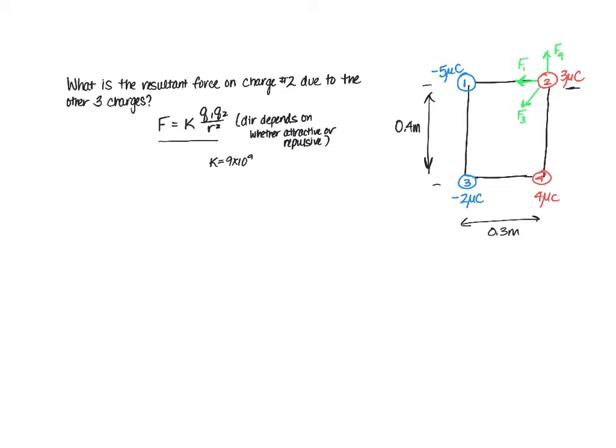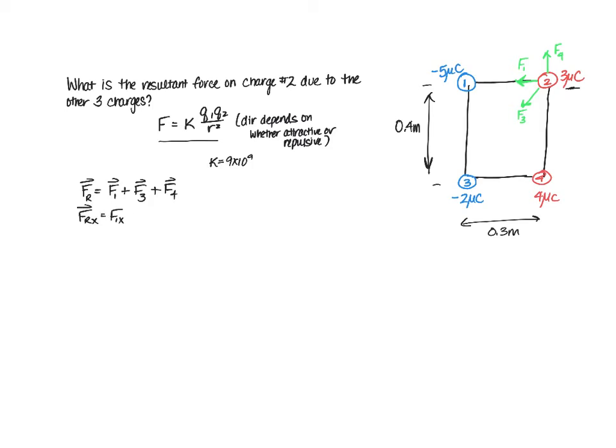All right, so keeping in mind what I'm doing is I'm finding the resultant force, which is adding F1 plus F3 plus F4. Now the way that I want to do that is I want to find the x component.